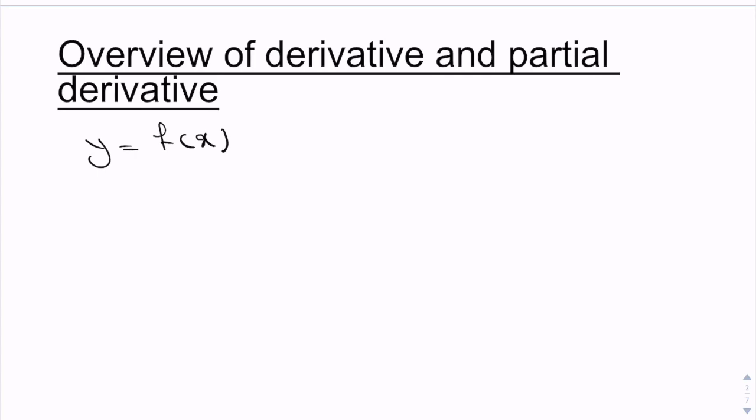That helps us to understand the gradient descent algorithm. In fact, the gradient descent algorithm is simply based on the concept of derivative. For now, we consider a function that only has one variable.